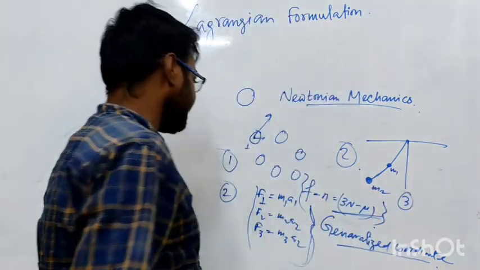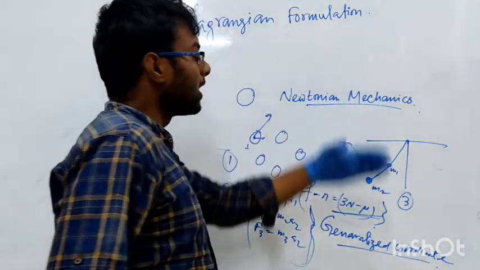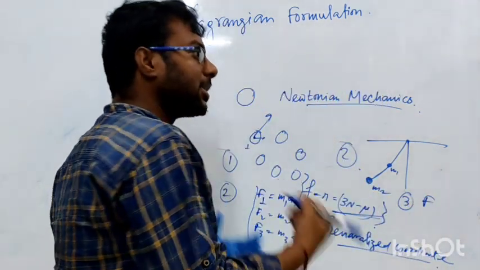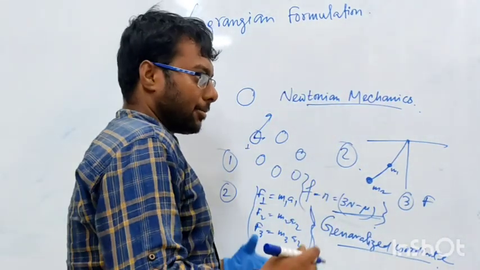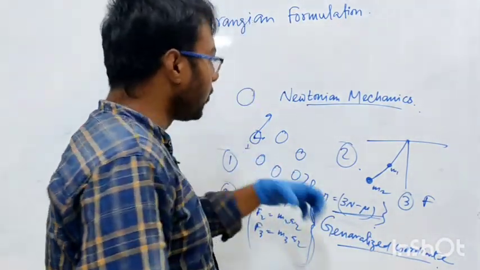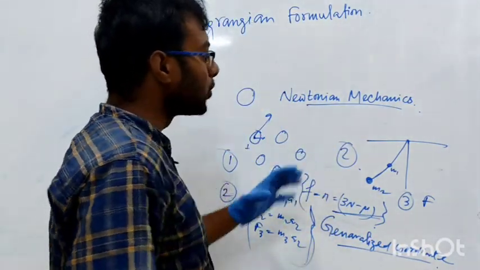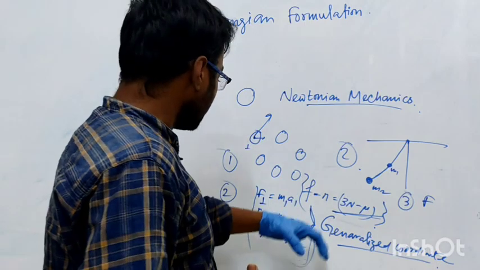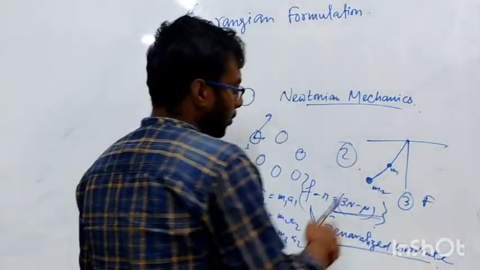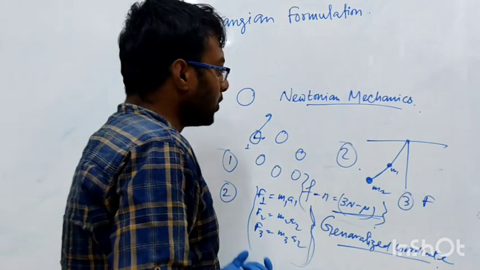The third problem is, for Newtonian mechanics, we have to deal with the force, and sometimes we know the effect of the force, but we don't know the amount of force, or which kind of force is involved in the dynamic system. To get the solution of this equation, we have to know all the nature and behavior of the force. So sometimes we don't know about that.